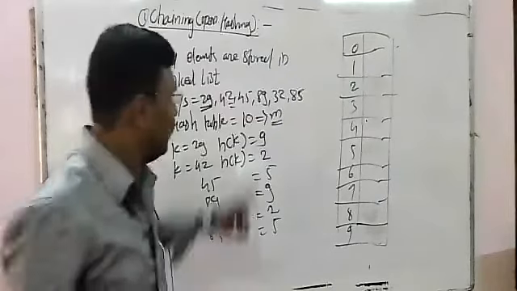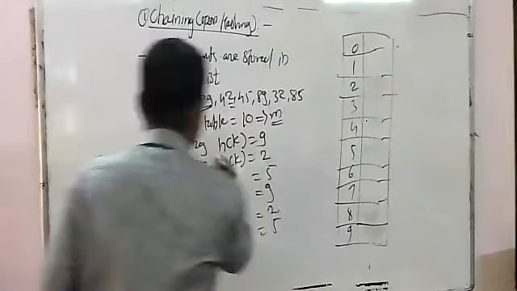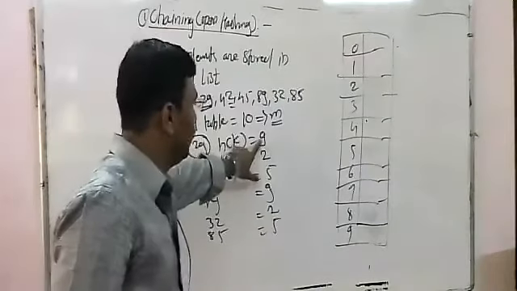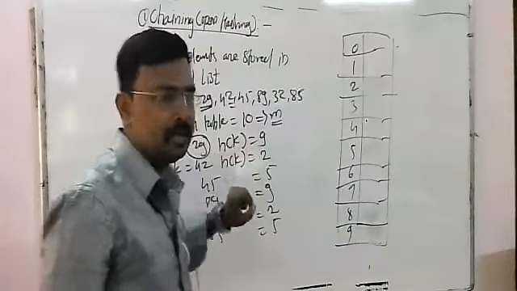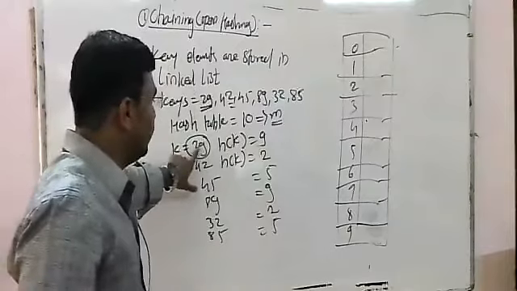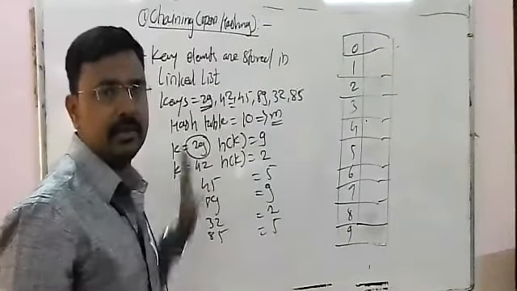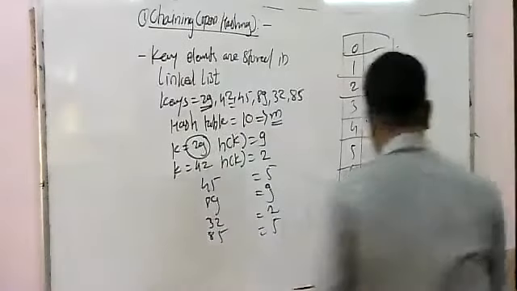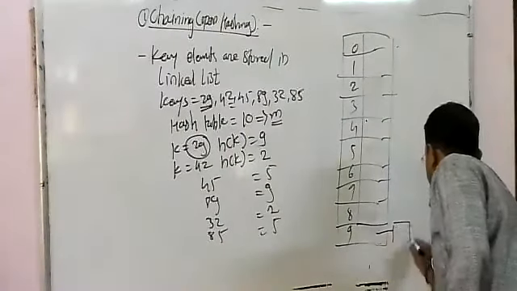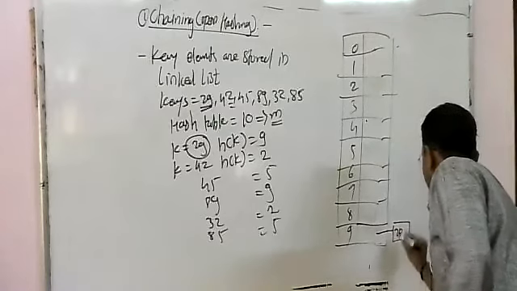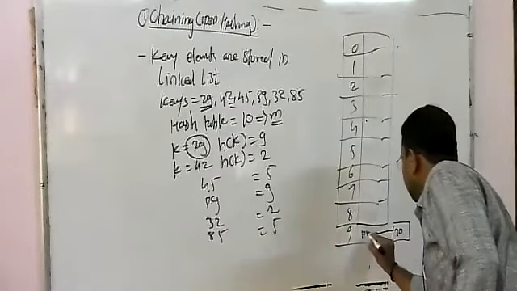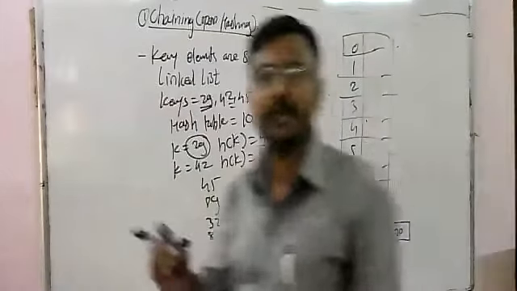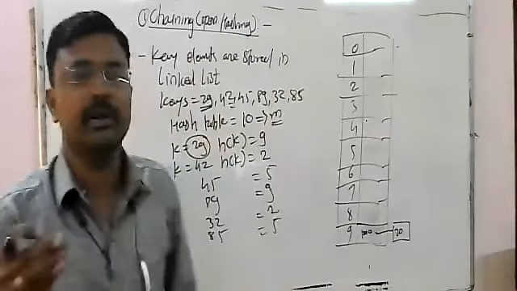So first value, what are we going to store? 29, and where? At 9. Suppose the address of this 29 is 1000. So the address is stored at that particular index.